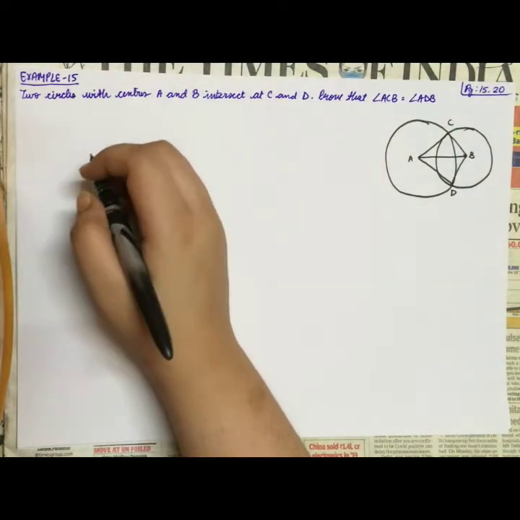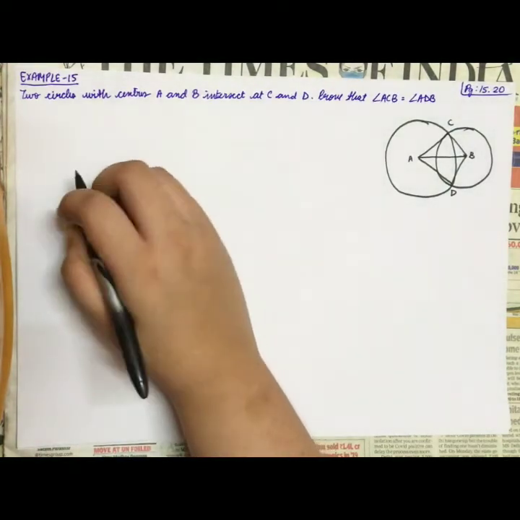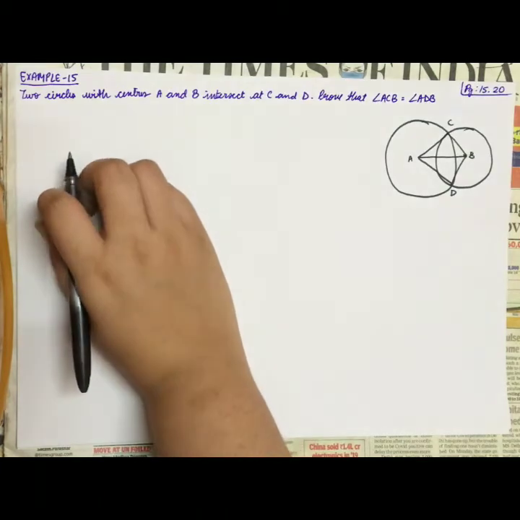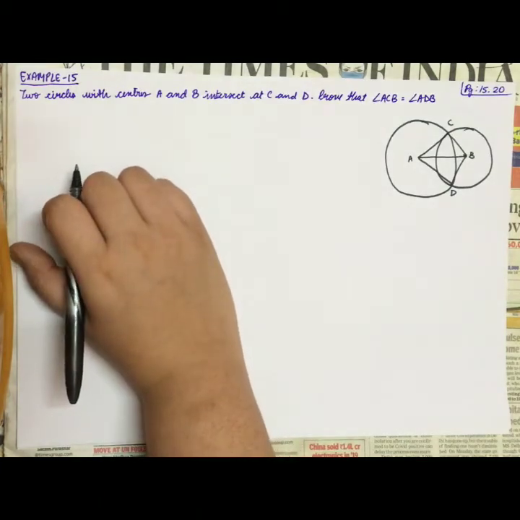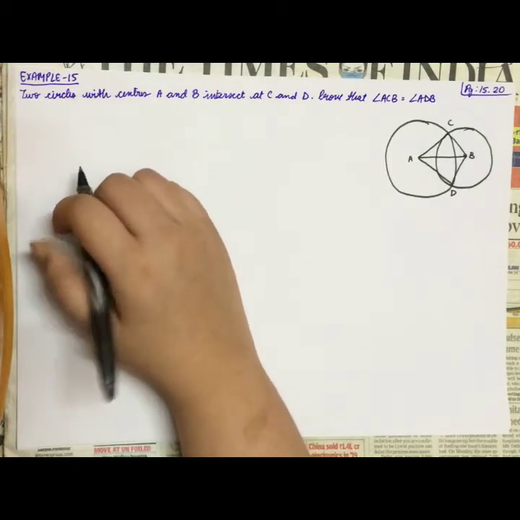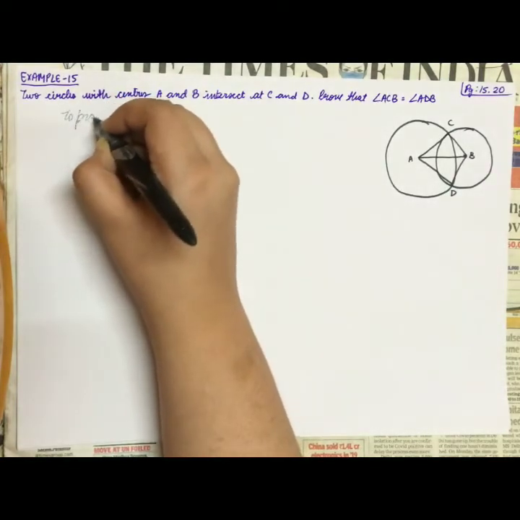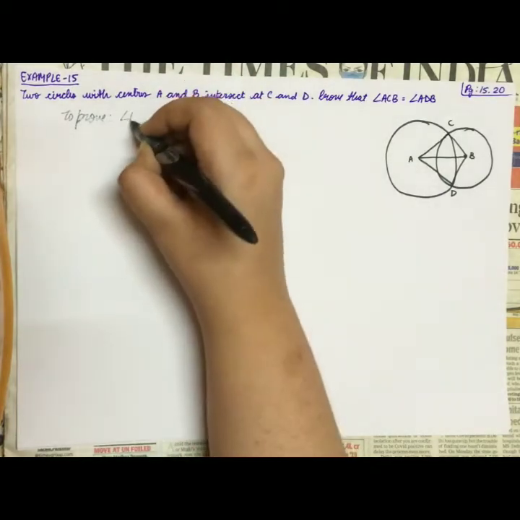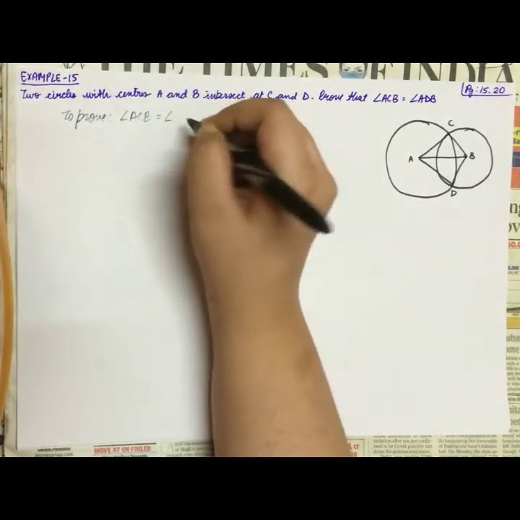Example number 15. Two circles with centers A and B intersect at C and D. Prove that angle ACB is equal to angle ADB. So in this we have to prove that angle ACB is equal to angle ADB.